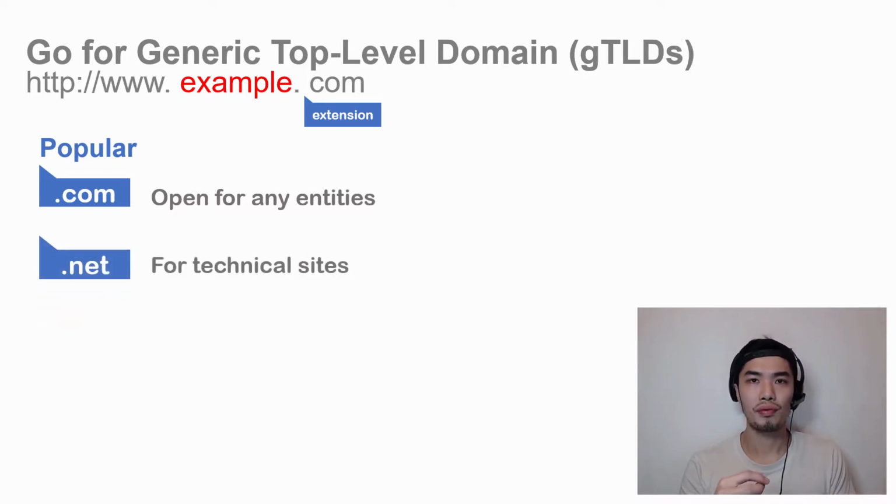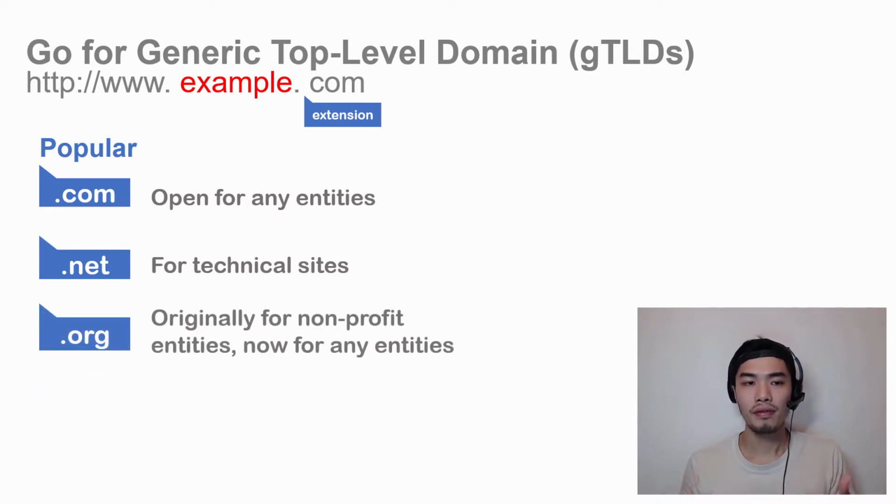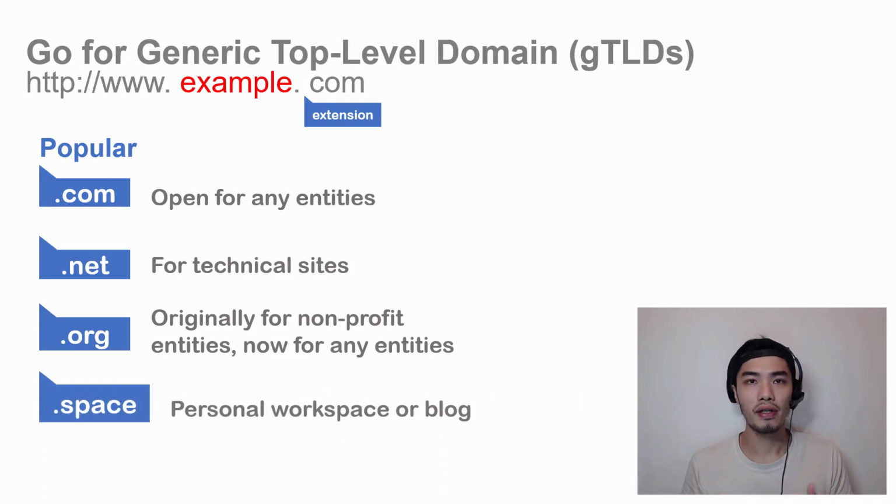.net is basically for technical sites or internet infrastructure sites. Or you can have .org, which stands for organization. Previously it was for non-profit organizations, but right now it's totally unrestricted. And also .space, a website to showcase your ideas and your personal philosophy.